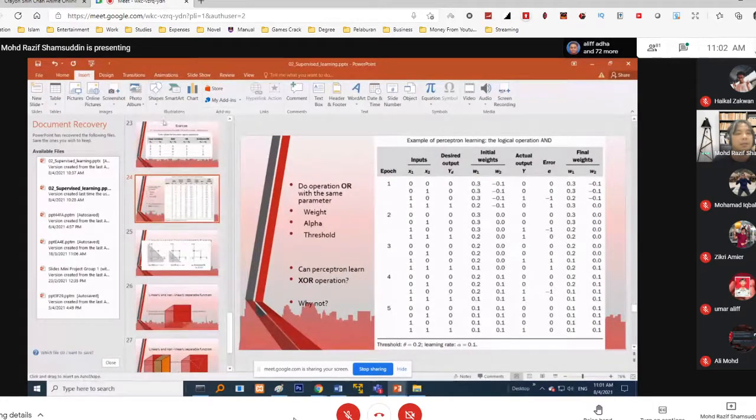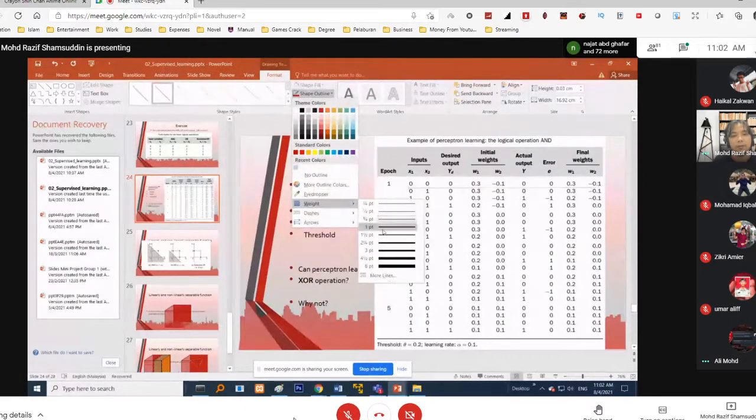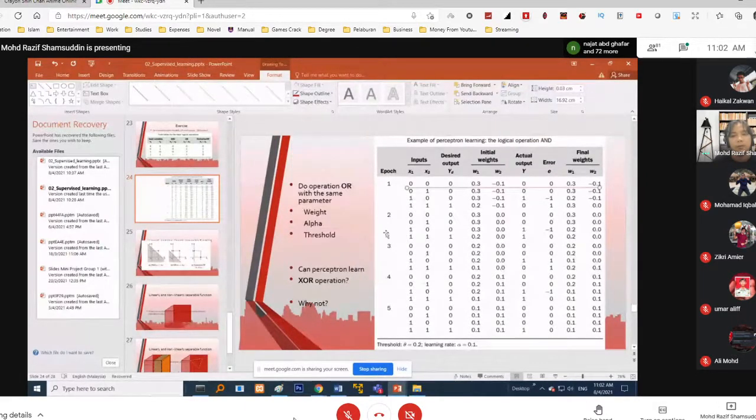Okay, tengok, saya gariskan. Nampak tak garisan tu? Nampak sir? Nampak. Okay, ini garisan yang ni. Tengok yang final weight yang atas garisan dengan initial weight yang bawah garisan.